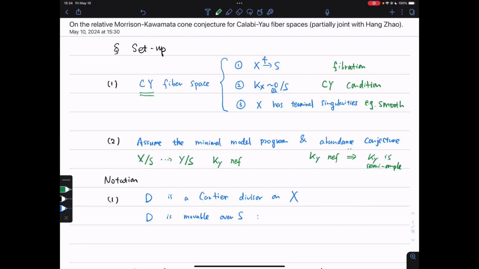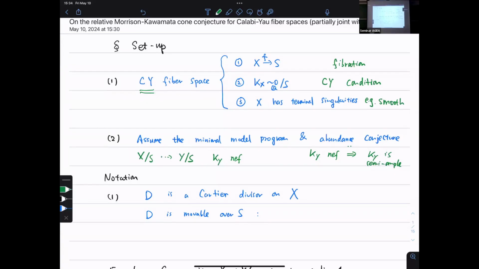Do you assume MMP for K or just K? Sorry, could you repeat your question? Your context is Calabi-Yau fiber space, and so do you... Oh yes, I understand.